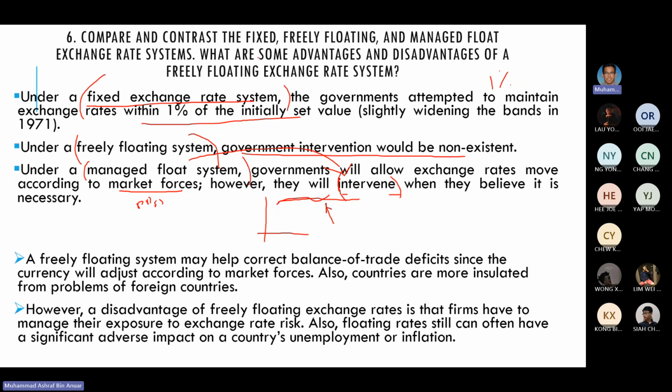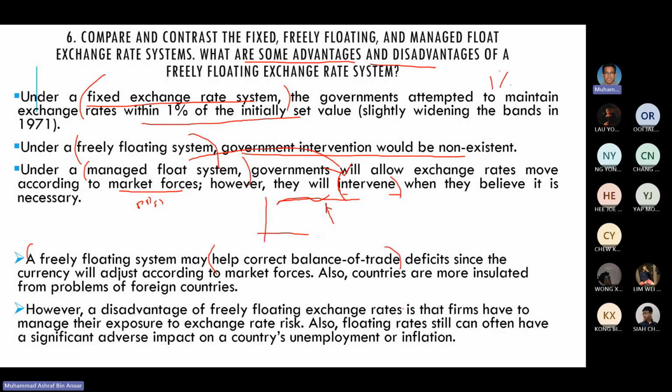Next question, what are some advantages and disadvantages of a freely floating exchange rate? A freely floating system may help to correct balance of trade deficits since the currency will adjust according to the market forces.